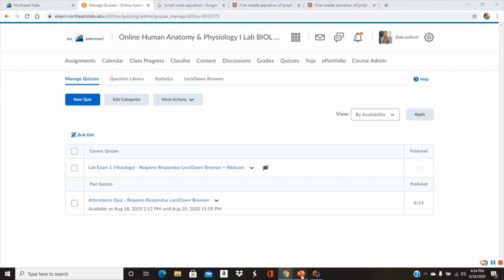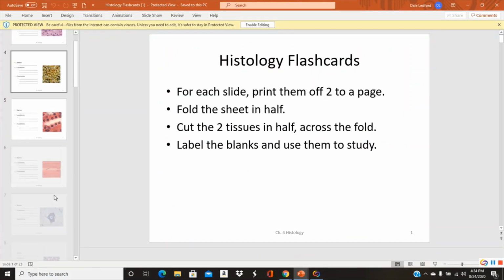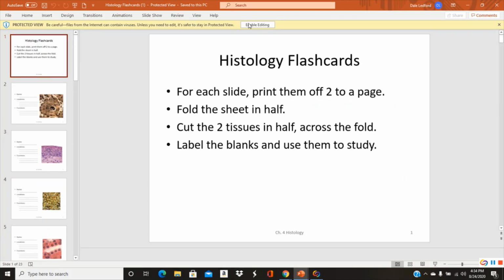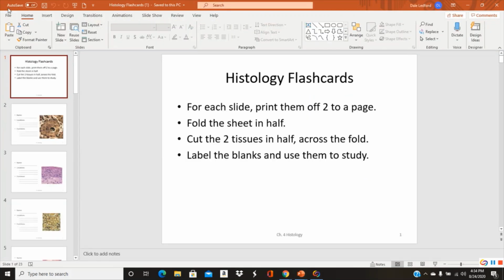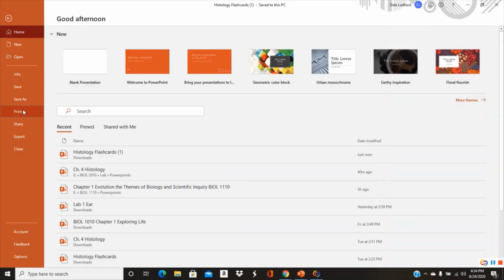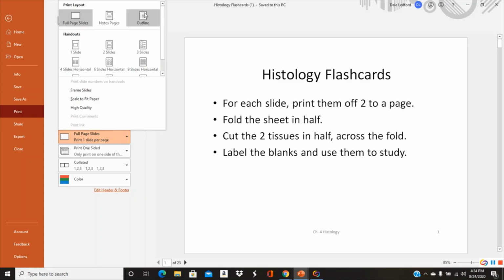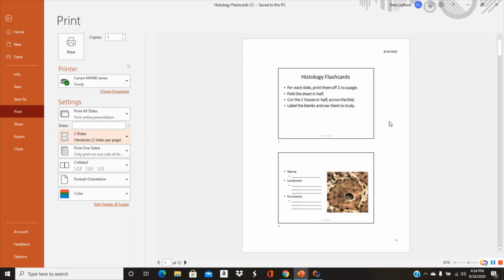I always like to give you guys some little visual analogies, but here are the instructions. Like I said, when you go to print these off, you hit File, Print, and print 2 slides to a page. Basically, fold the sheet in half, cut them across the fold, label the blank, and then fold them over on themselves as well.